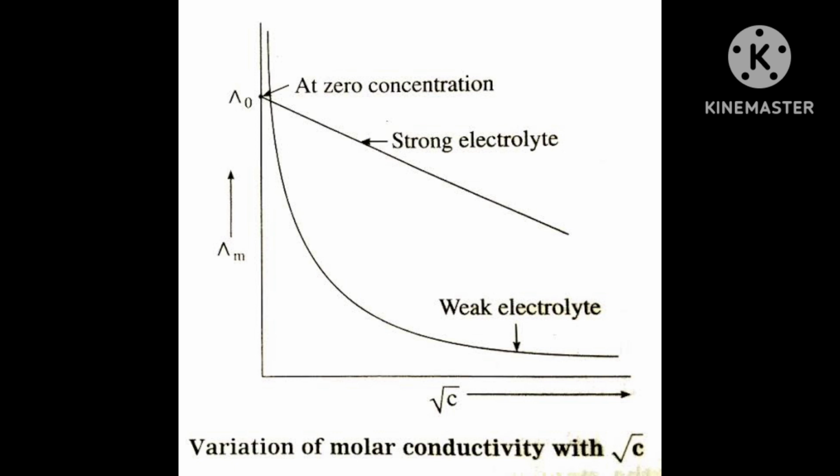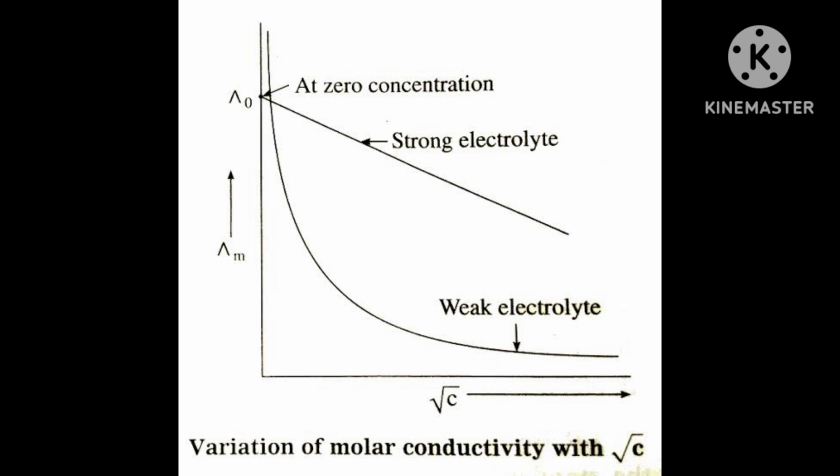Then actually what happens is, when you have taken a concentrated solution, suppose in 1 liter you have taken 2 moles, or understand like that 5 moles in 1 liter, then 5 moles means the number of ions will be large.